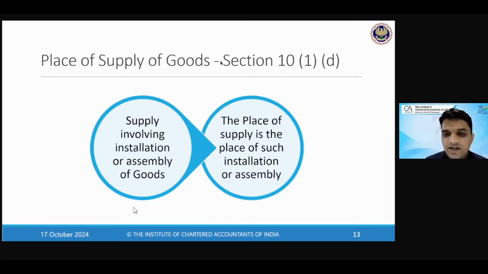In your example, Hardik, where the car is getting delivered, then it is CGST and SGST. Correct. Kiran Mishra, is your query answered?